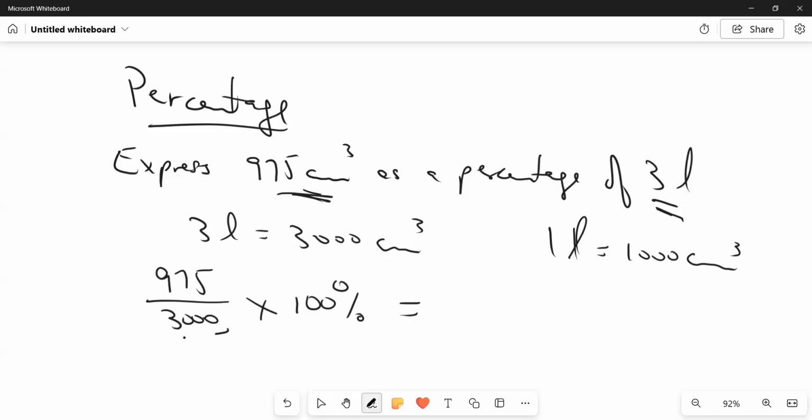That's this piece here. And when you multiply it by 100, you get 32.5 percent.